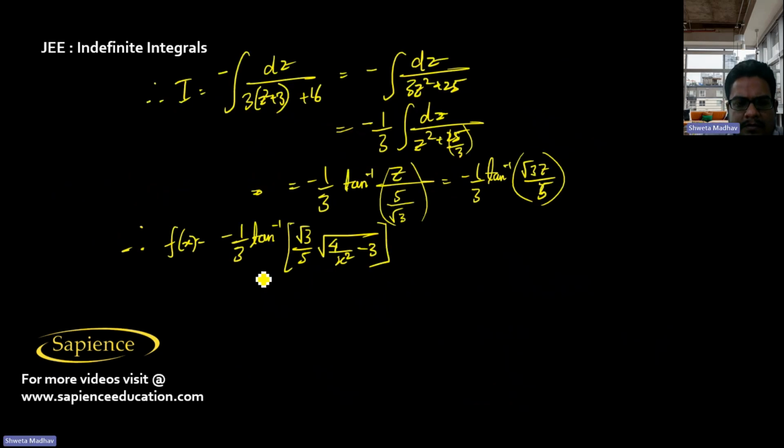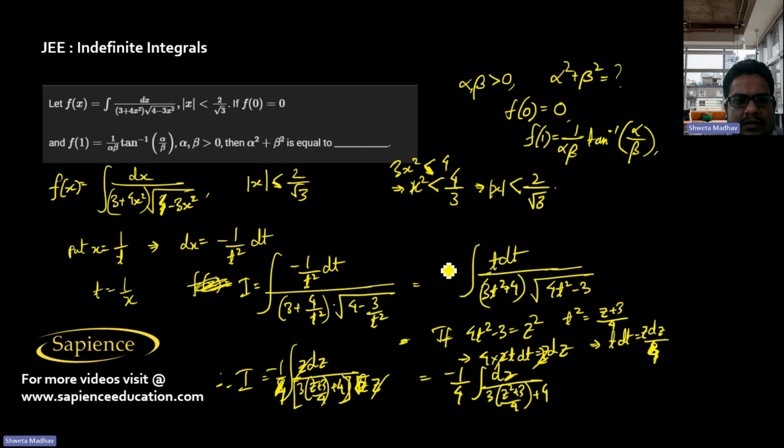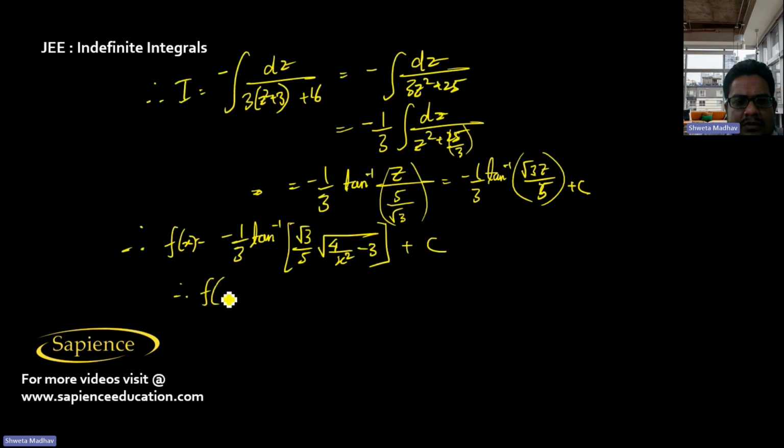So this is f of x, and plus c obviously, which is the integration constant. Now f of 0, it is told that is 0. So taking 0 here, 1 by 0 will be infinity.